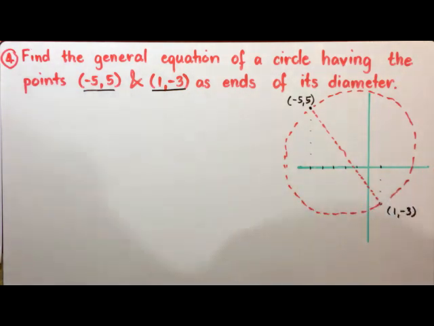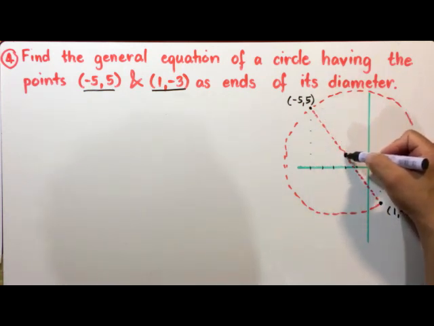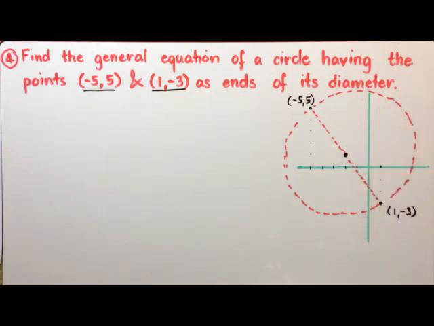So what can you conclude based from the drawing? You can conclude that the midpoint of this diameter is the center, of course. So half of the diameter is the radius of the circle.